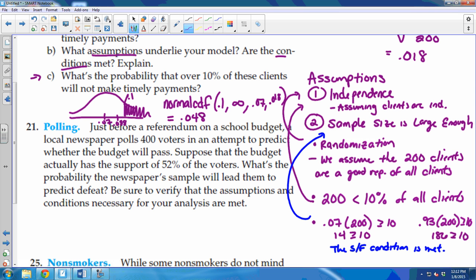Does that question make sense, though, what they're asking you to do? Well, a 4.8% chance that more than 10% of their clients don't pay on time.